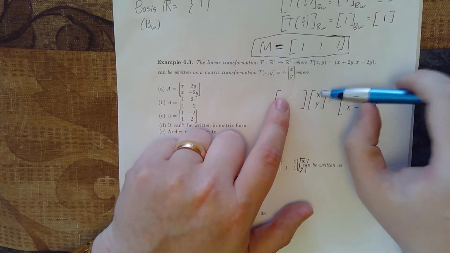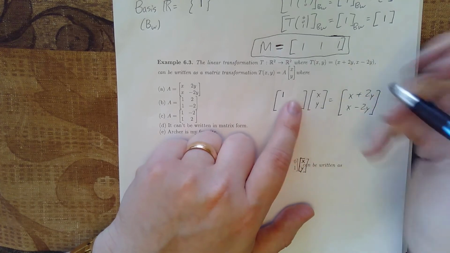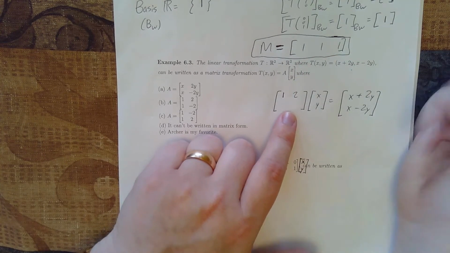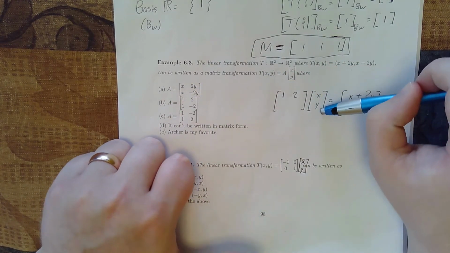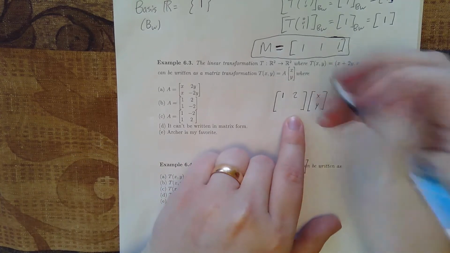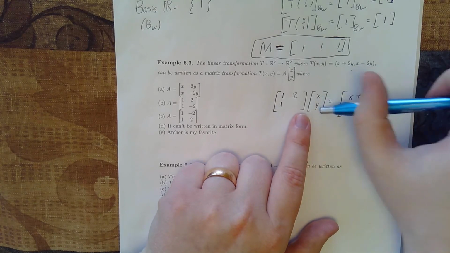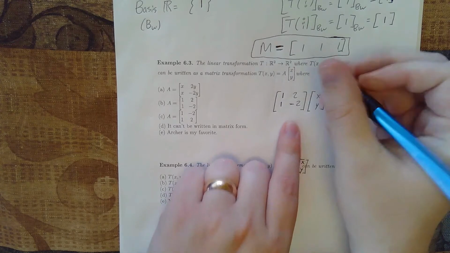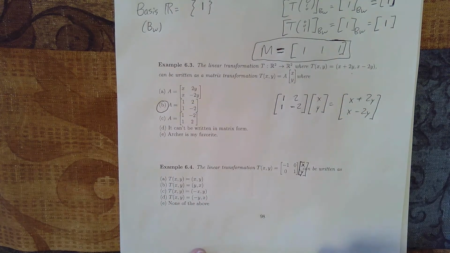We should have 1x, so we should have a 1 there, and we should have a plus 2y, so we should have a 2 there. We don't want to include the x and y in the matrix because they're already going to be part of this vector that we're multiplying by. Then our next row should help us take a single x and then minus 2y. So 1, negative 2.